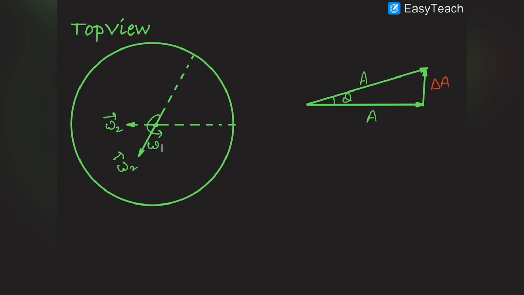And we know that if this is a vector A which has changed its direction by a small angle d theta, and this is the new vector A, so the magnitude still remains same, and the change in this vector, let us denote it by the small change dA, and this is small angle d theta, then we can say that this dA is equal to a d theta, and dA by dt, which is the rate of change of this vector, is a into d theta by dt, because a is constant in magnitude.